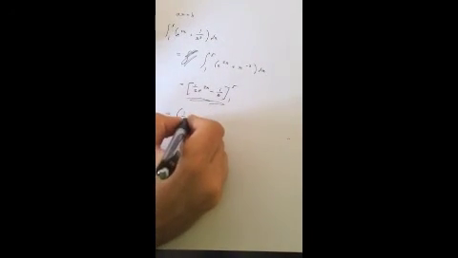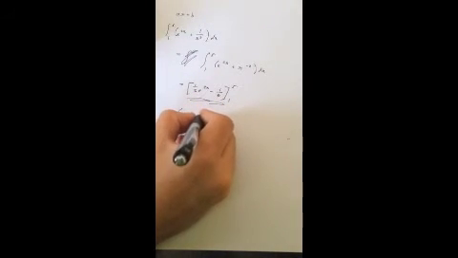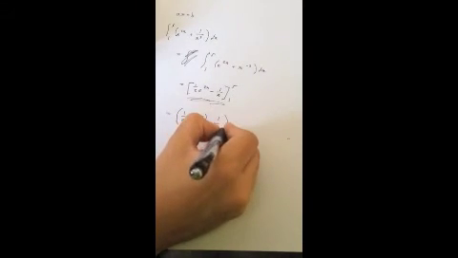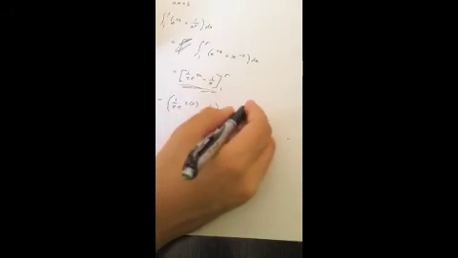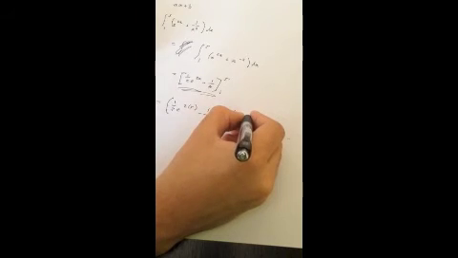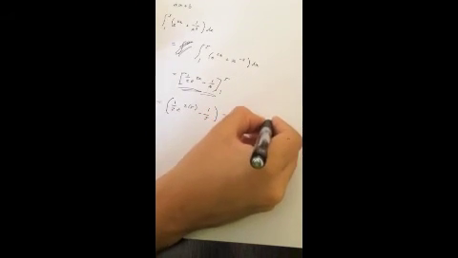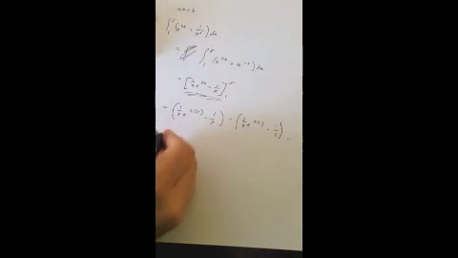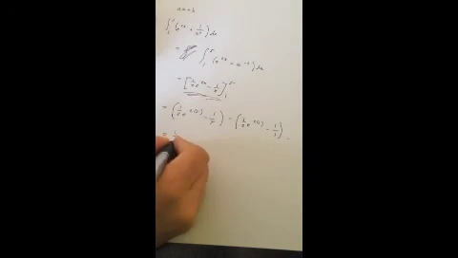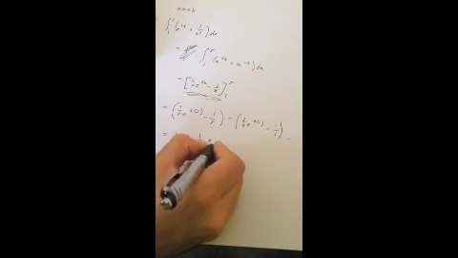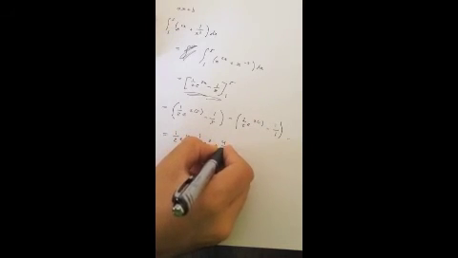Half times e to the power of 2 times 5 minus 1 over 5, minus half e to the power of 2 times 1 minus 1 over 1. This can be simplified down to half times e to the power of 10 minus half e squared plus 4 over 5.